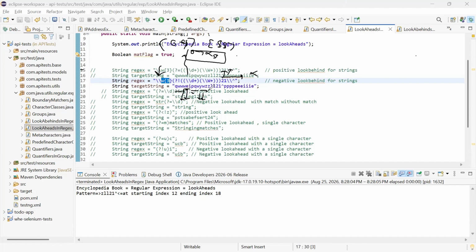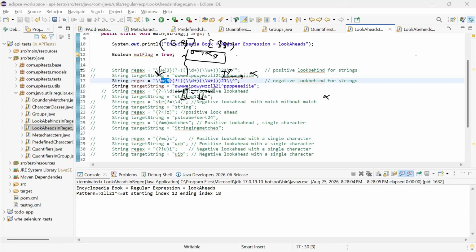The next character is not a digit, not a special character, so it matches here. Since it matches, it will go ahead and check whether Z is equal to 2. No, Z is not equal to 2, so it will fail again.